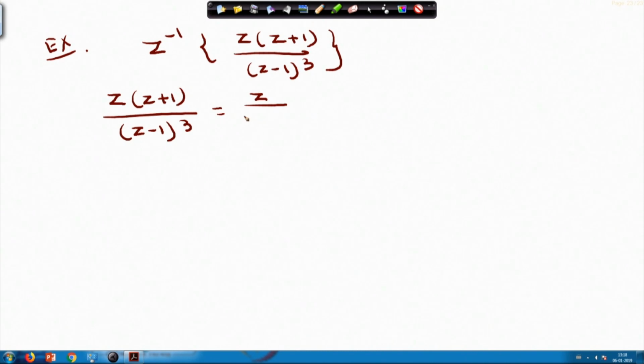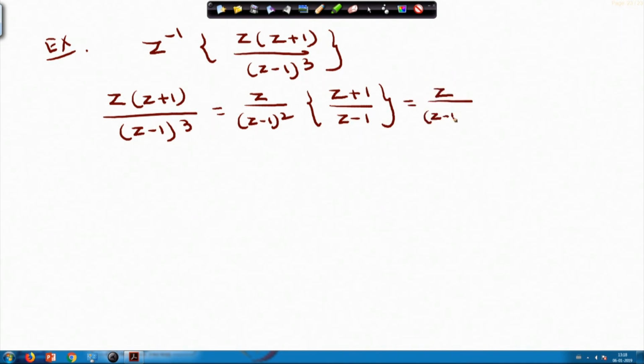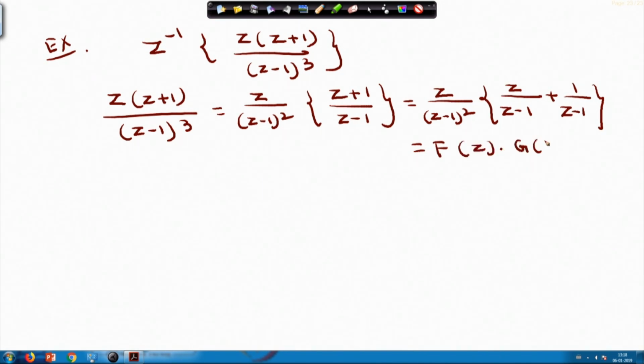This equals z by (z minus 1) whole square into (z plus 1) by (z minus 1). This I can break again as z by (z minus 1) whole square into [z by (z minus 1) plus 1 by (z minus 1)], and I can write this as F z into G z. So, F z I know, G z I know, this I am assuming, say.